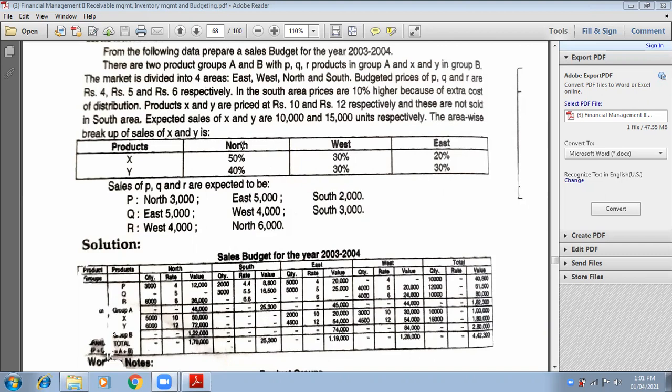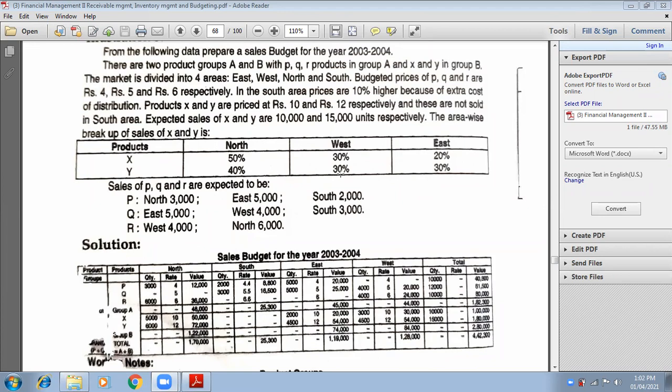Now come to west. So 15,000 into 30 percentage for Y in the area of west. So what is the quantity? 4,500. Very good.